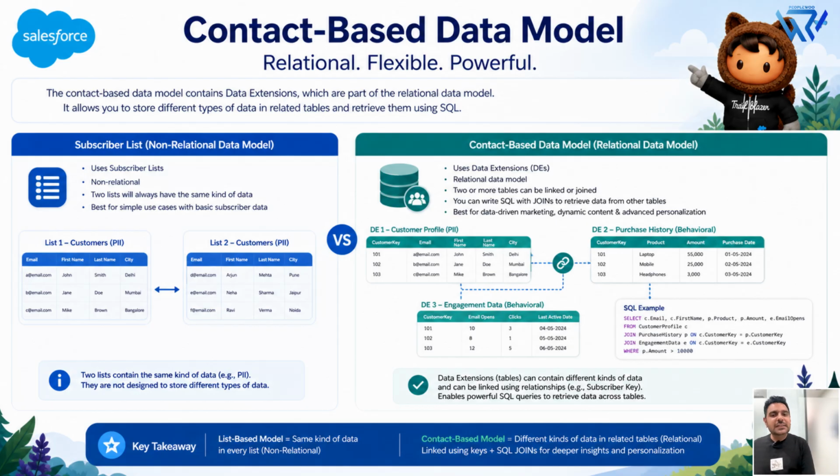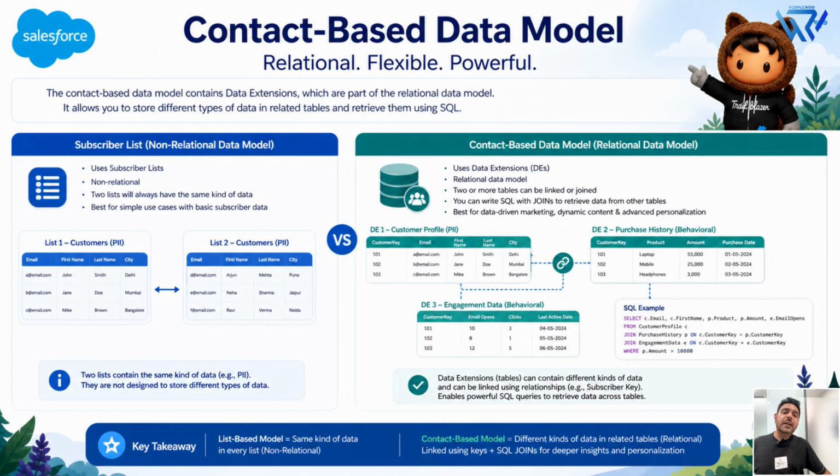For example, in a list we only talked about subscriber data. A list follows a profile template, where first name, last name, email address, phone number, age, gender, city, whatever attributes are in the profile template are common to any list you create. If you create list 1, those are the attributes you get. If you create list 2, you get the same set of attributes.